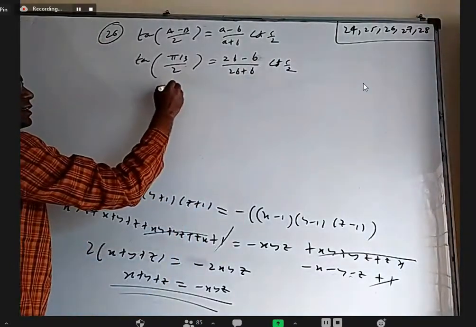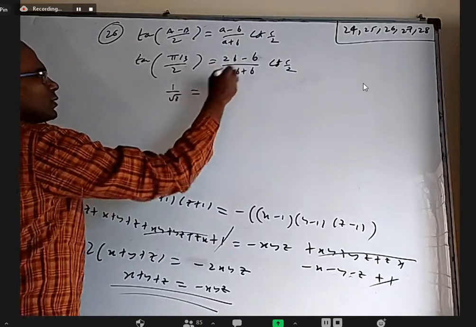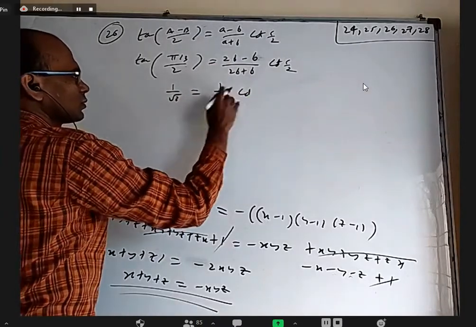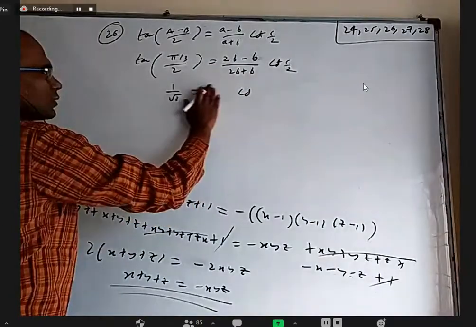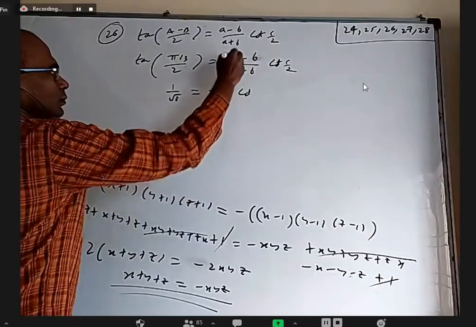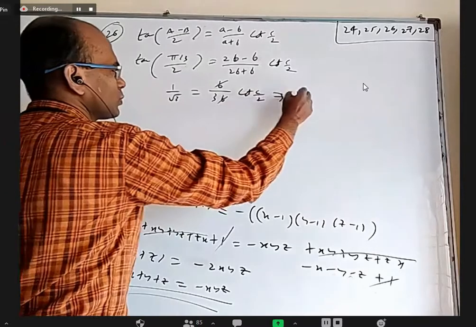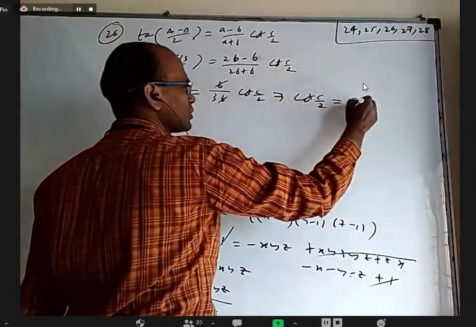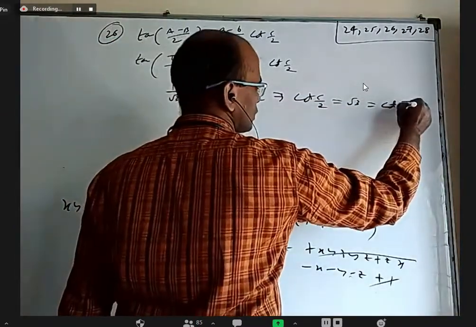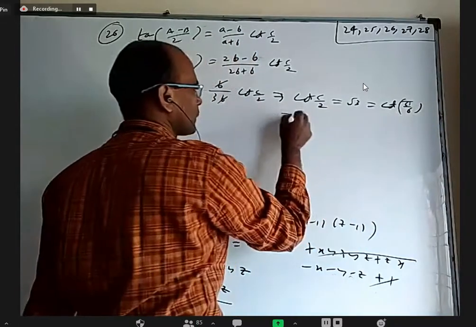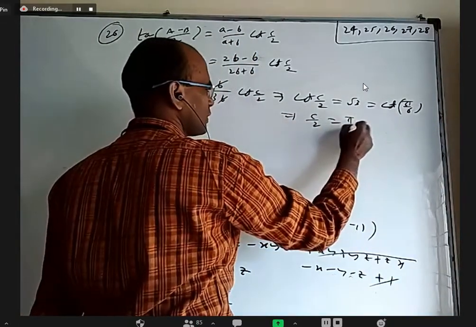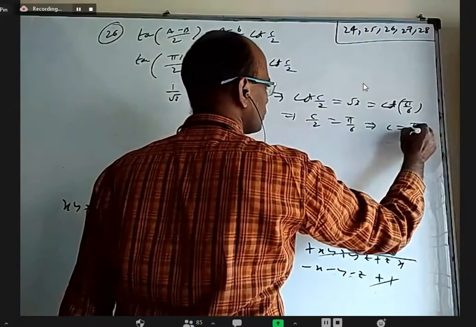This is tan 30 degrees, 1 by root 3. This is b by 3b, which is 1 by 3, times cot(C/2). So cot(C/2) is root 3, which is cot 30 degrees. So C/2 is pi by 6, which implies C is equal to pi by 3.